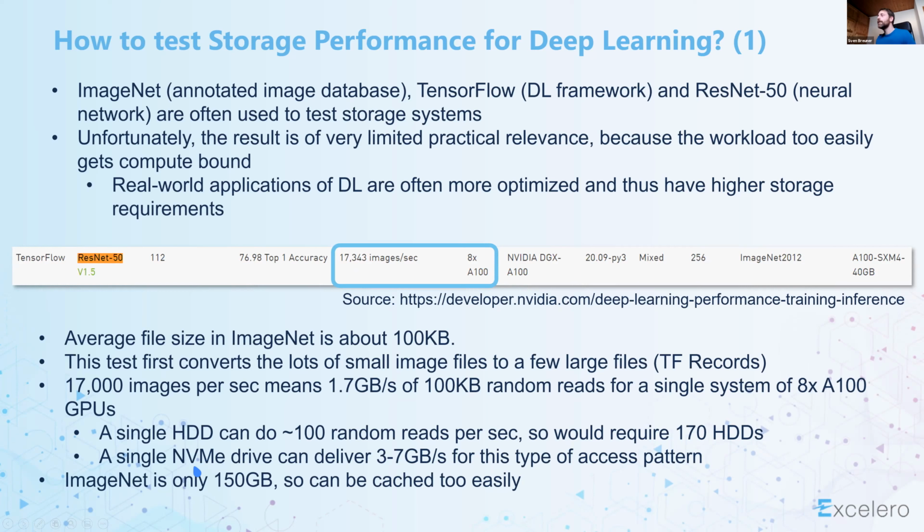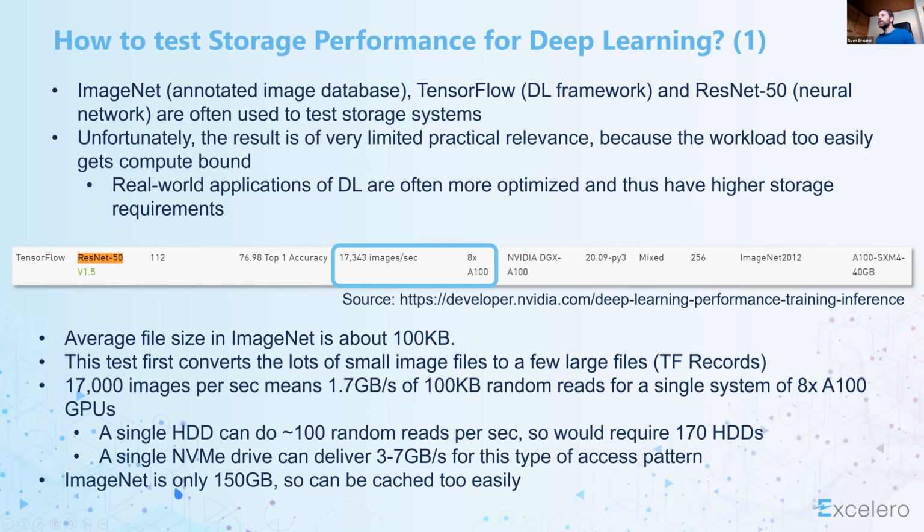On the other hand, a single NVMe drive, depending on the generation of the NVMe drive, PCI generation 3 or 4, which is much faster, can already deliver 3 to 7 gigabytes per second, so it can already deliver more than the DGX A100 can consume in this test, just to show the difference between the two.